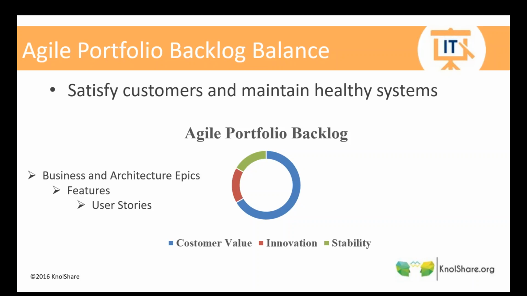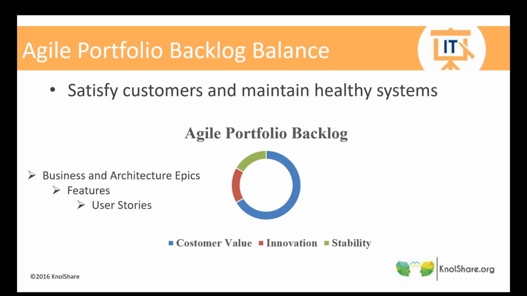So when we look, I think, just like in our life, balance is really important, right? And so I think that developing an Agile portfolio is no different. We take these strategic themes and we translate them into business and architecture epics, which epics are then broken into features, and features then are decomposed into user stories.